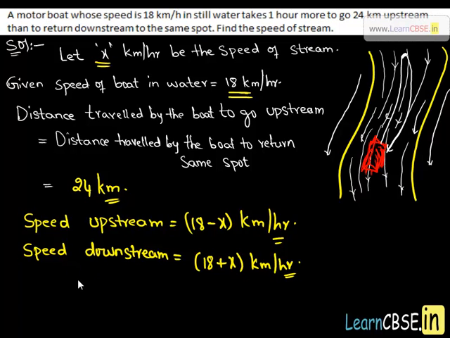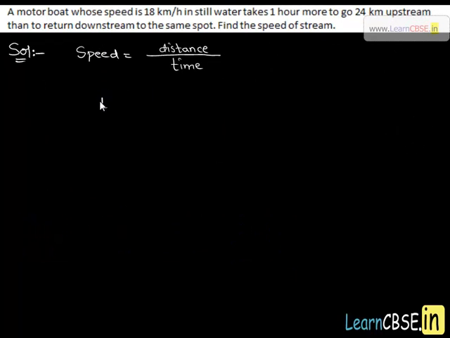By the definition of speed, we know that speed is the distance traveled by a body in unit time. Therefore, we have the value of time, which is equal to distance divided by speed. Let us find the time taken by the boat to go upstream.